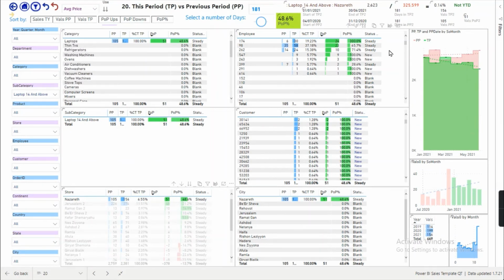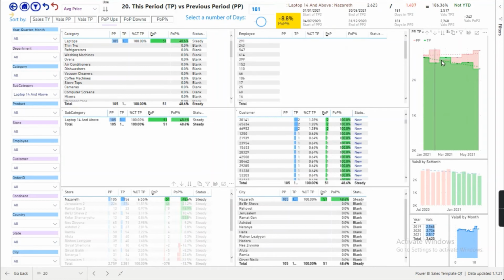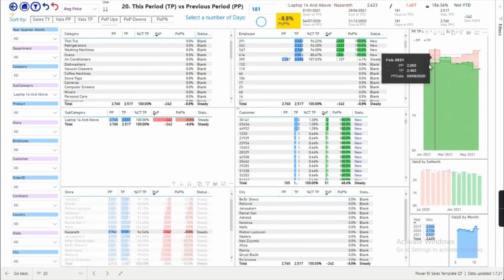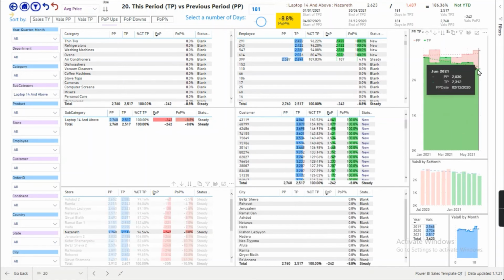In average price, what we see is the average price is decreasing slowly. It was steady at the end of last year, and decreasing slowly in the beginning of the year. So the sales are decreasing mainly because the average price is decreasing from 2,600 to 2,300, 20%.